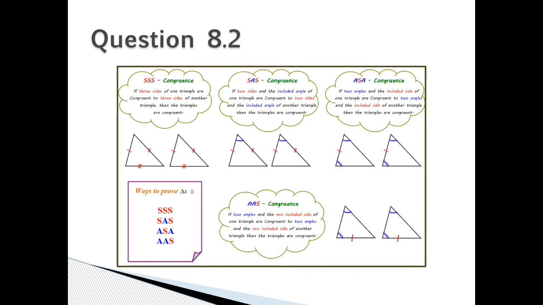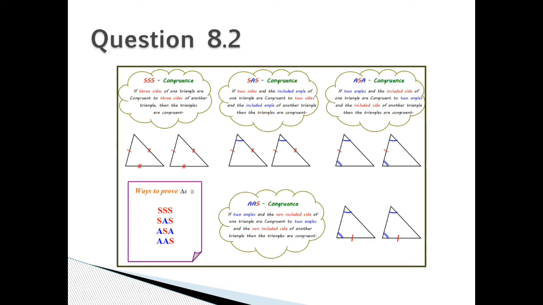Side-side-side congruence: if three sides of one triangle are congruent to three sides of another triangle, then the triangles are congruent. Side-angle-side congruence: if two sides and the included angle are congruent to two sides and the included angle of another triangle, then the triangles are congruent.